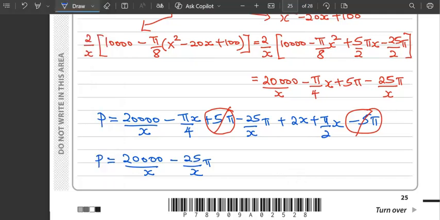So this one will be, of course, plus 2x, then minus pi over 4x minus 5 over 4, so pi over 4x plus pi over 2x.